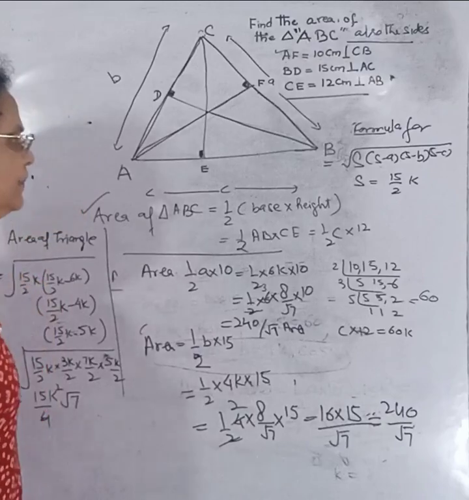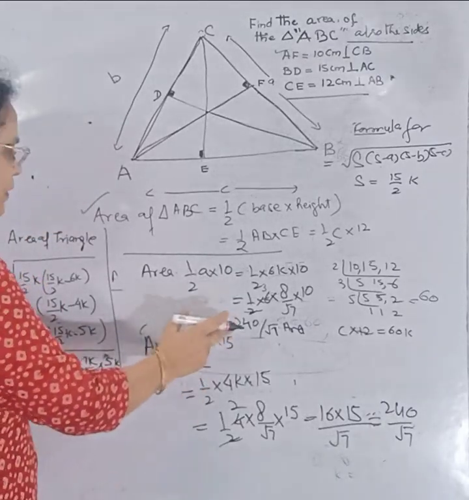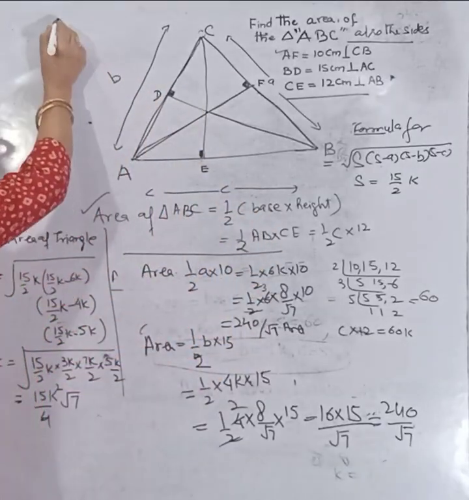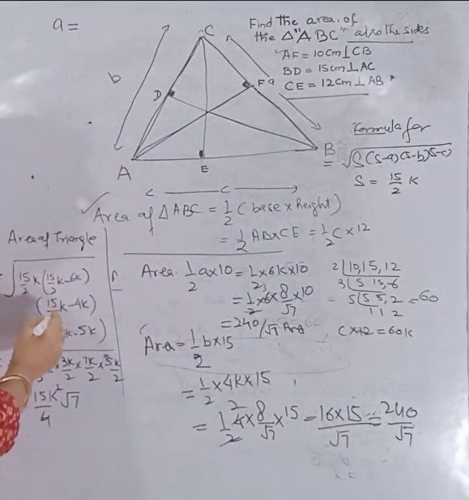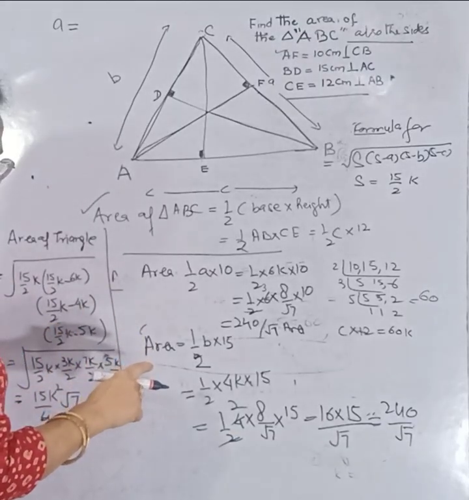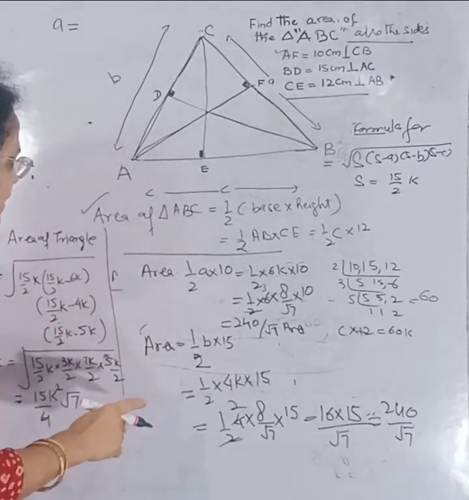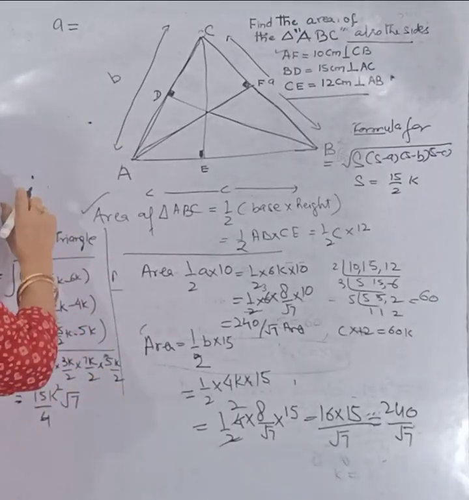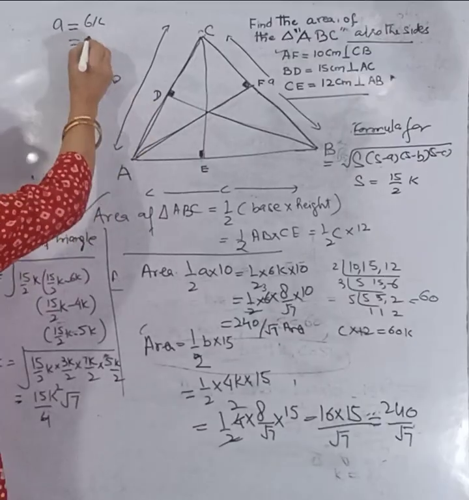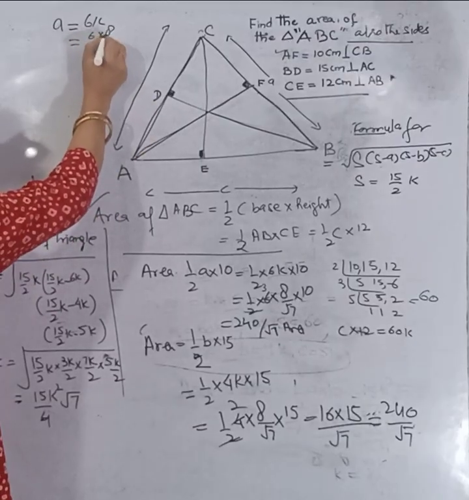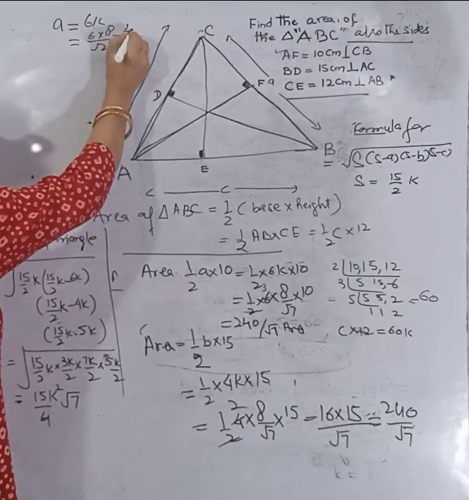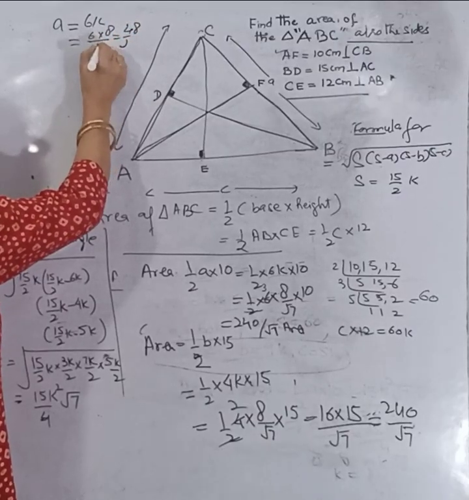Same is the condition with the other sides. The length A will be equal to 6 times K, that is 6 into 8 upon root 7, that is 48 upon root 7.